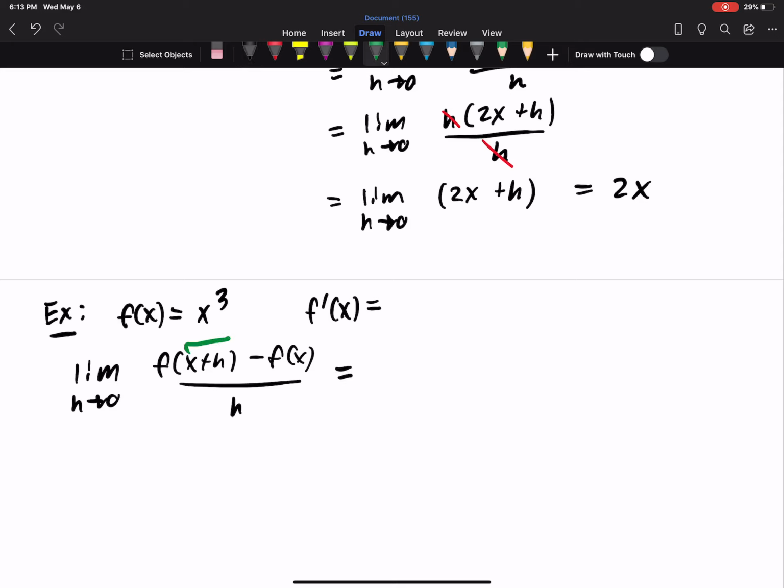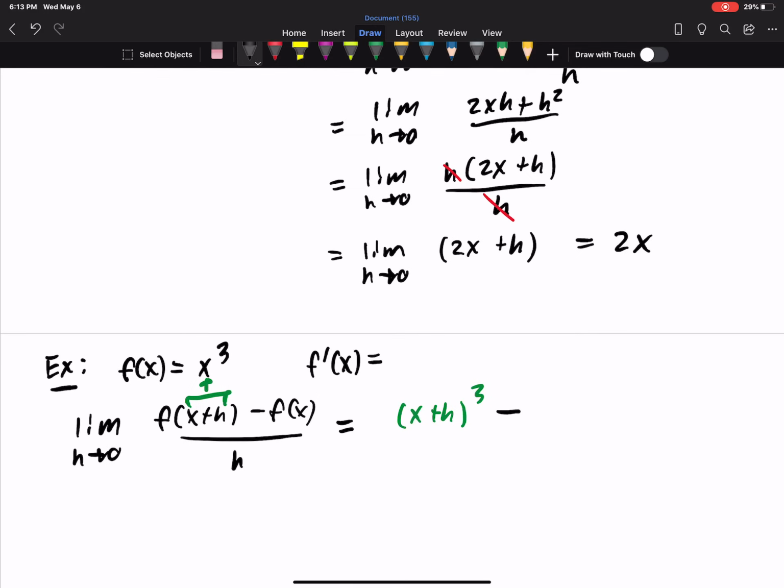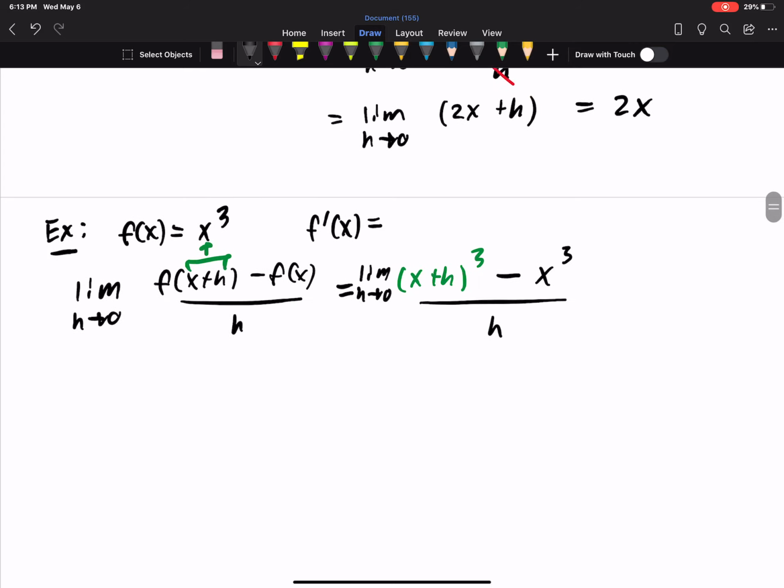All right. Plug in relevant information. This x plus h needs to get plugged in here for x. So that way we have x plus h quantity cubed minus the original function, x cubed, all over h. And then you take the limit. Can't forget that limit. Can't plug in 0 because we have the h in the denominator. So what we're going to do is FOIL the thing in green. Please take my word for it.